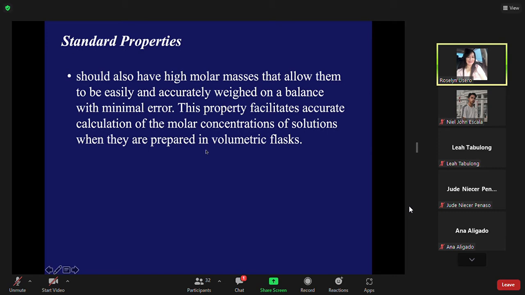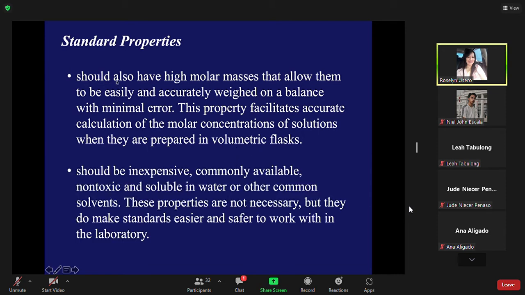If the procedure says 25 ml of 0.1 molar potassium dihydrogen phthalate, you should have a 25 ml volumetric flask, not a 25 ml Erlenmeyer flask, because that is not a volumetric apparatus. It must be a volumetric flask, which is calibrated.